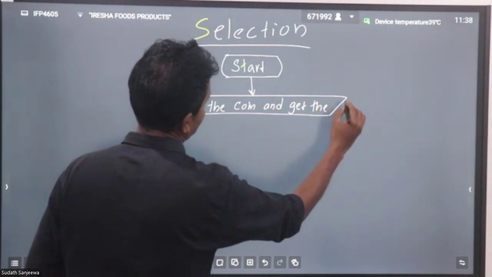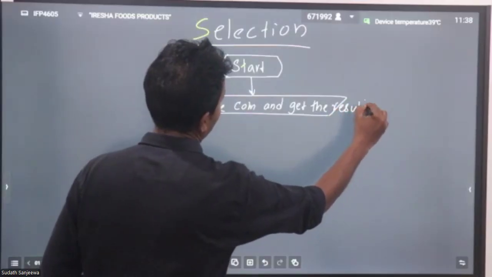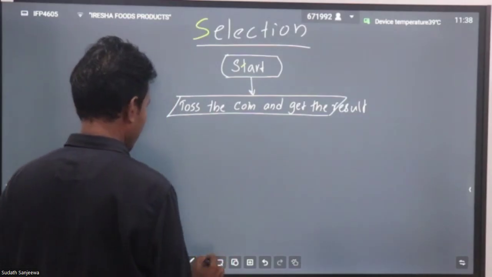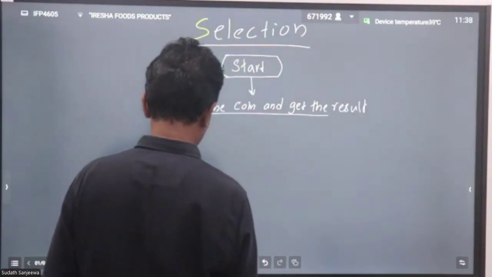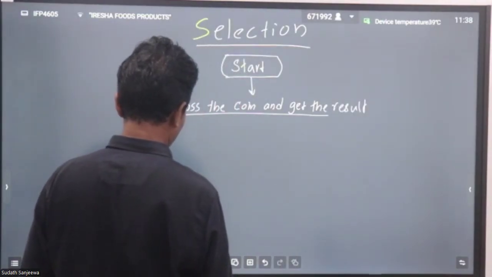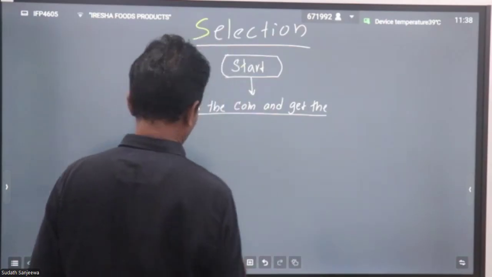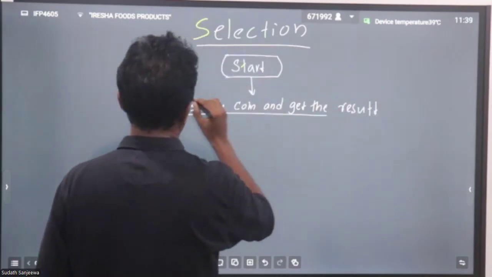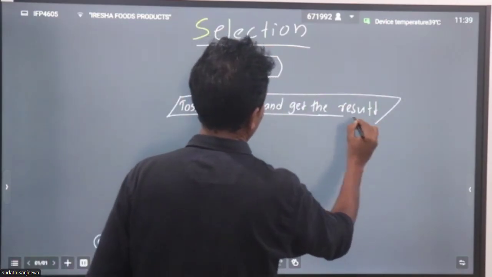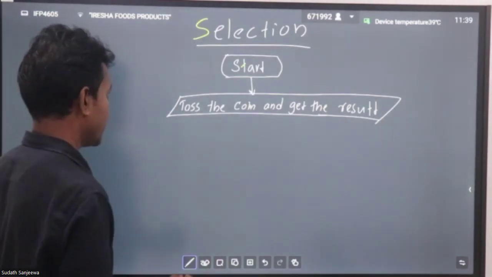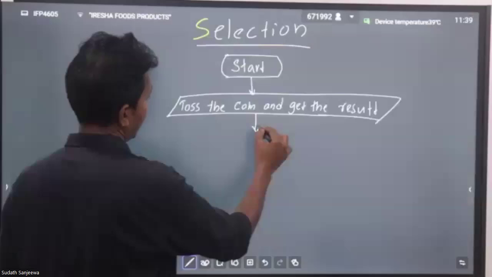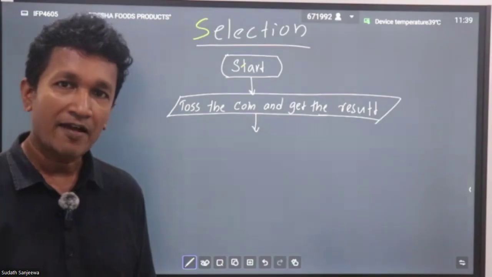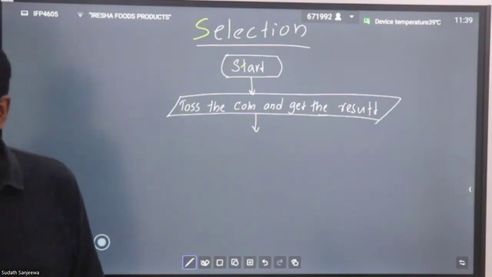Toss the coin and get the result. This is our input, right? With that input, we have to have a decision. We have to get the decision.